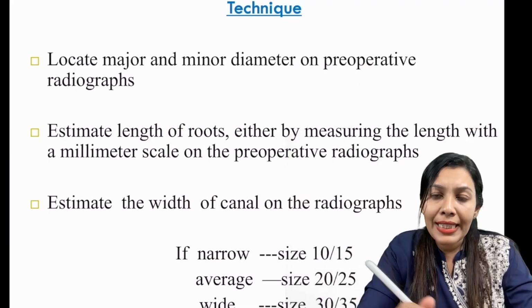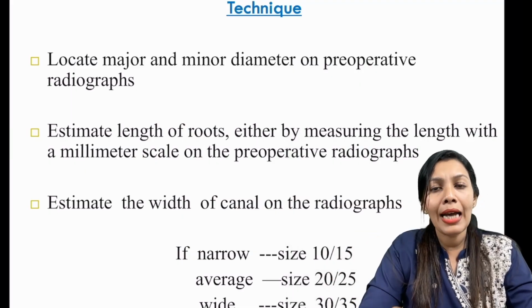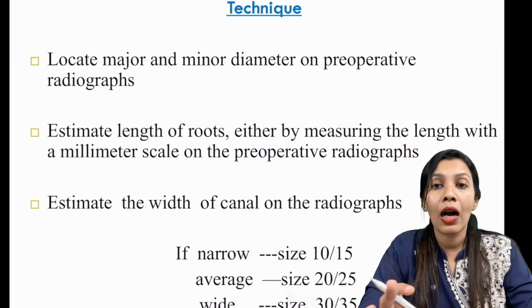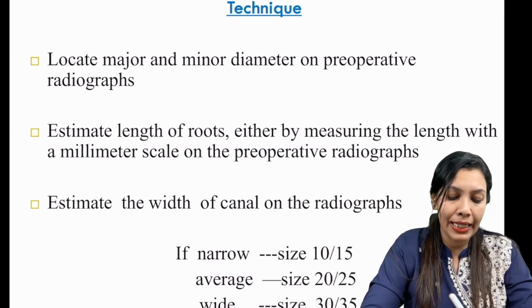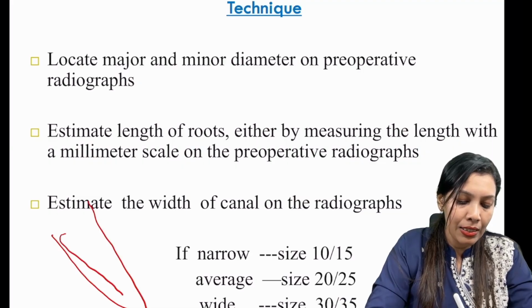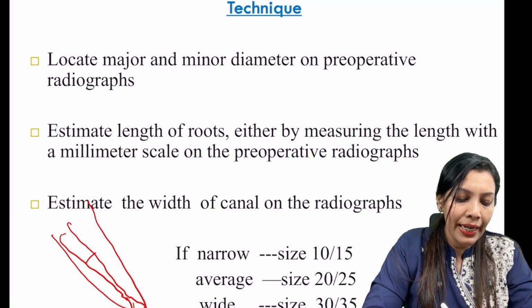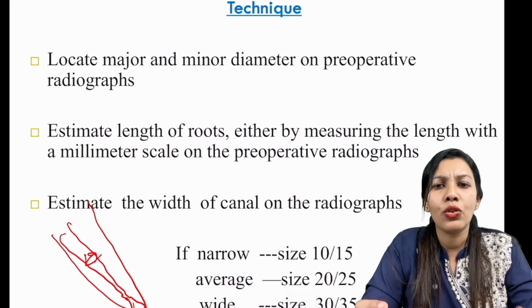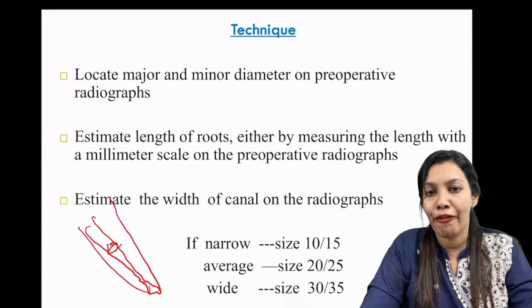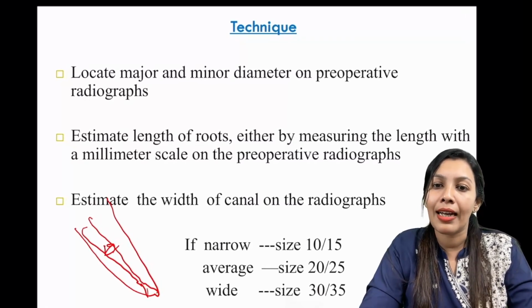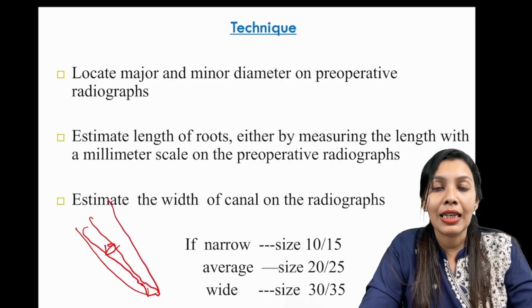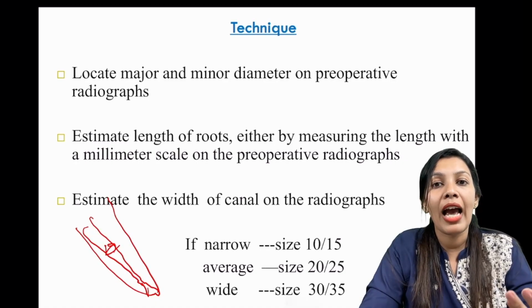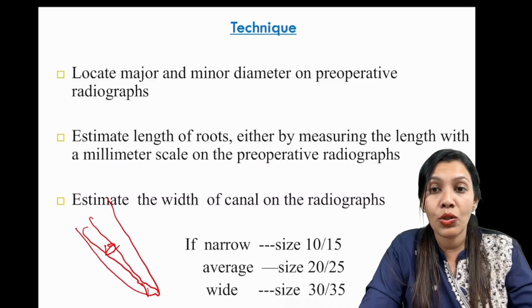He calculated the length of the root, ending at the minor constriction. This is the minor constriction. There he extended. Now, how he calculated the width: if the canal was narrow, we should clean to size 10 to 15 file. If it is an average size canal, we clean and shape to 20 to 25. And if it is a very wide canal, we clean and shape till 30 to 35 file.